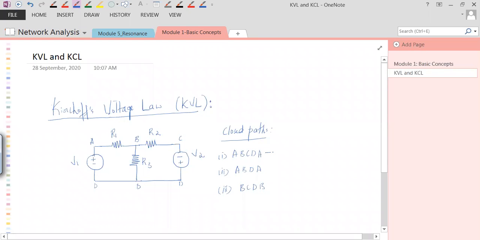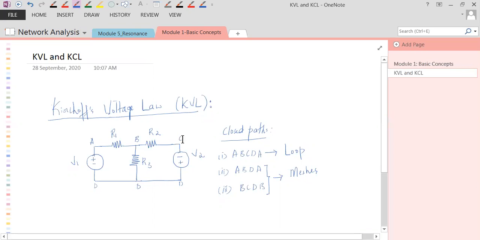The first closed path is called a loop, and the second and third closed paths are called meshes. Can anybody make out the difference between the two?